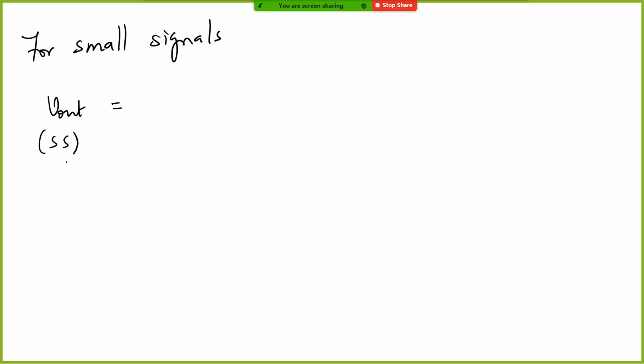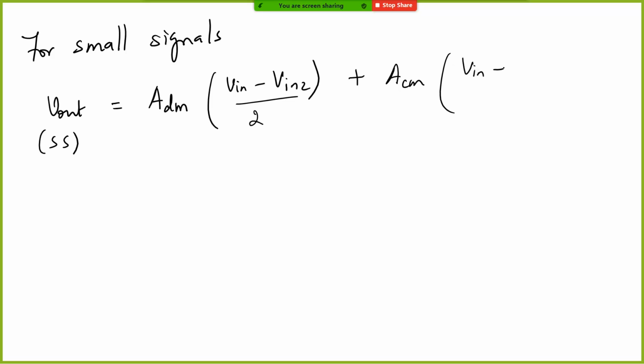For small signals, when Vin1 and Vin2 have both common mode and differential signals, the small signal V out can be given as ADM times (Vin1 minus Vin2) divided by 2 plus ACM times (Vin1 plus Vin2) by 2.